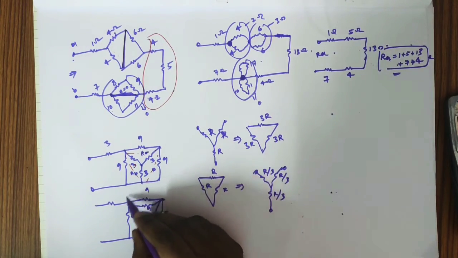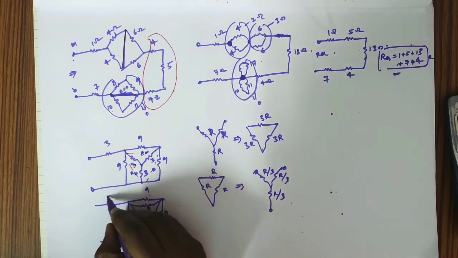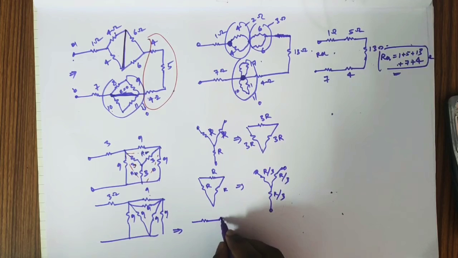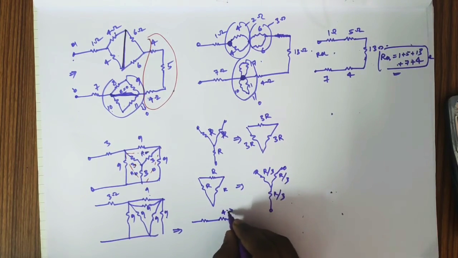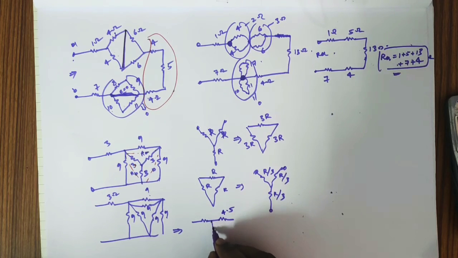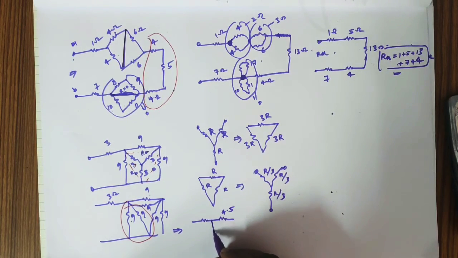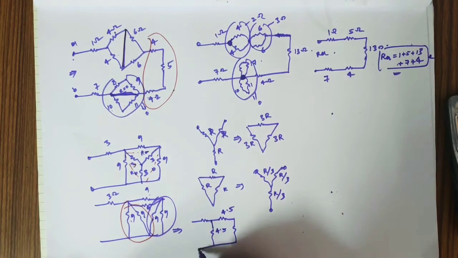So if you observe carefully, this 9 ohm and this 9 ohm are in parallel, and this 9 ohm and this 9 ohm are in parallel. So combine them. Two elements in parallel, divide by 2. So this 9 and 9 combined gives a value of 4.5, and these 2 combined give a 4.5 value.